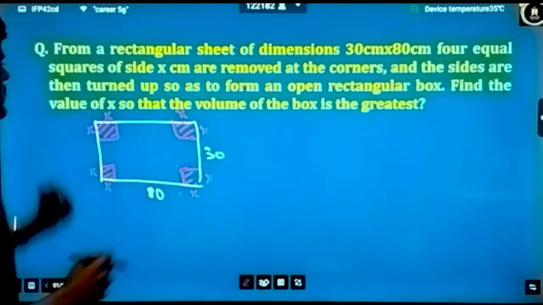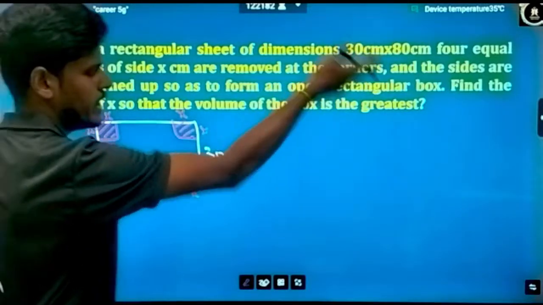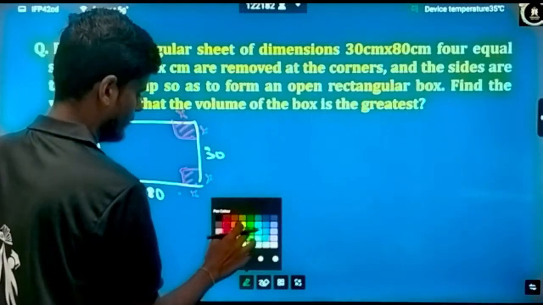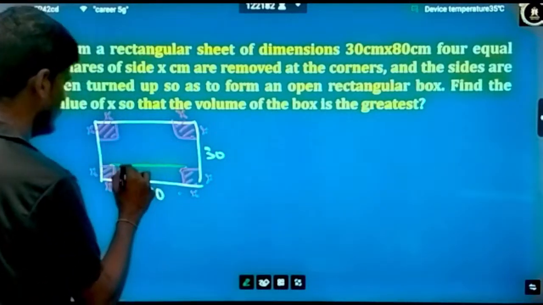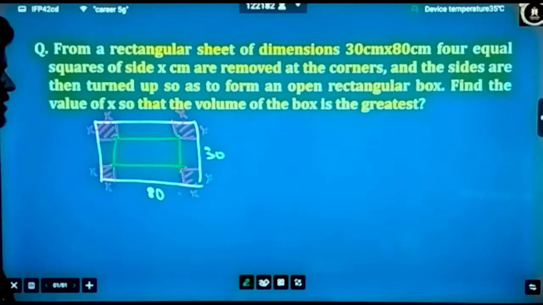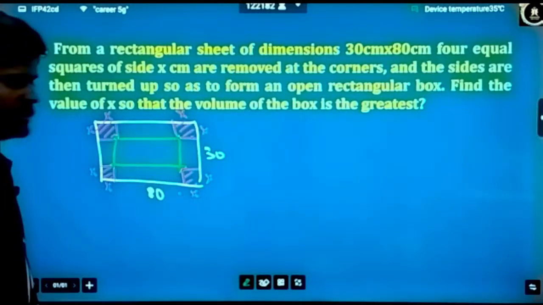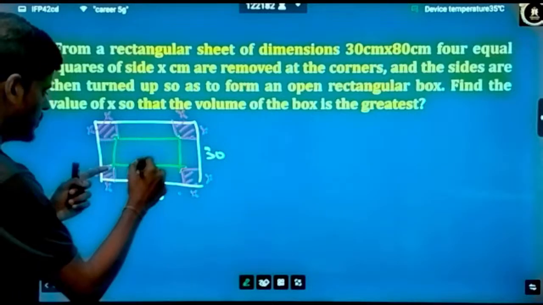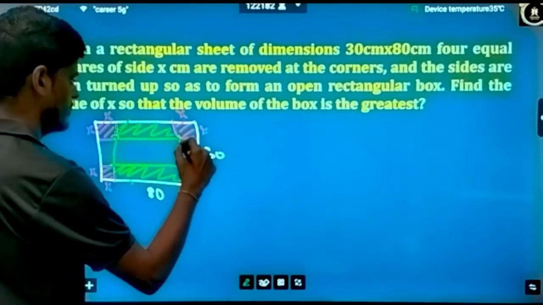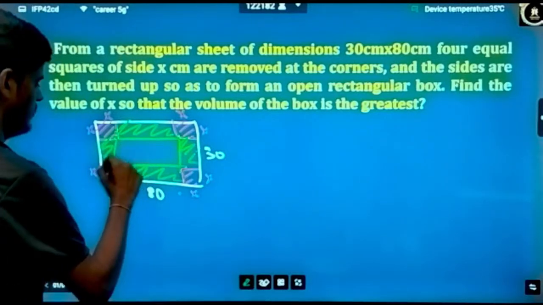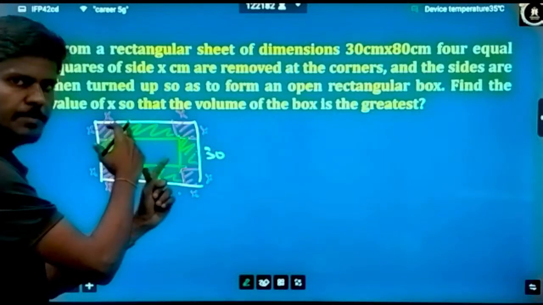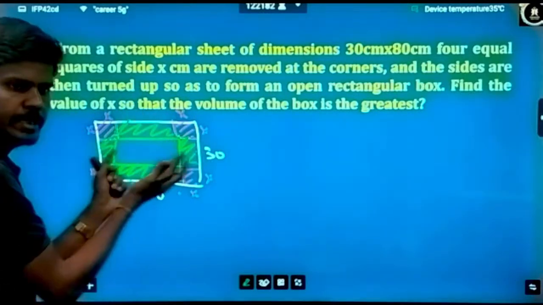And the sides are then turned up so as to form an open rectangular box. Remaining side is turned up. Now let's connect this. After cutting this portion, we still have this portion left, and we are folding this up so that it forms an open rectangular box.